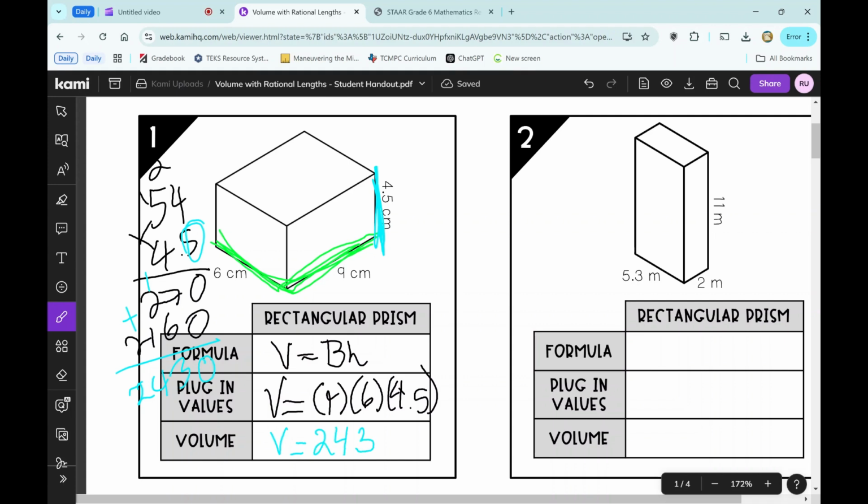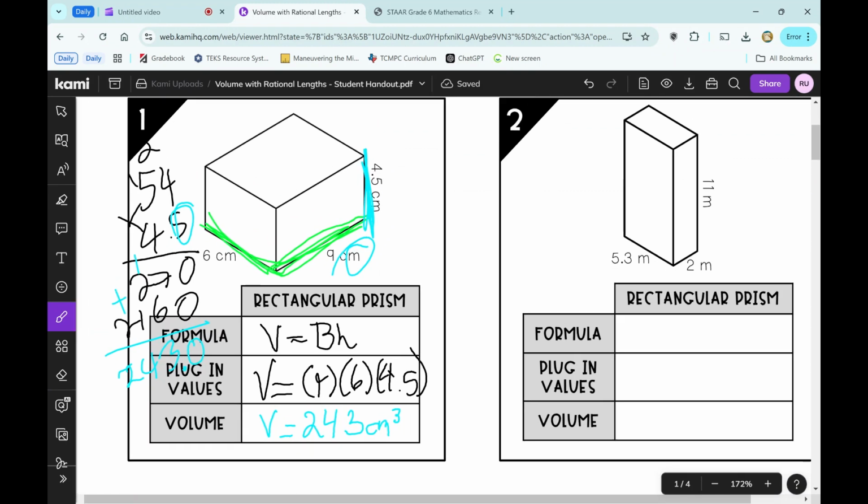243. So remember, when we were doing this, we have to pay attention to what the units are. In this case, it is centimeters. So that means the volume of this rectangular prism is volume is equal to 243 centimeters cubed, because we were multiplying 3 lengths or units versus just multiplying 2.